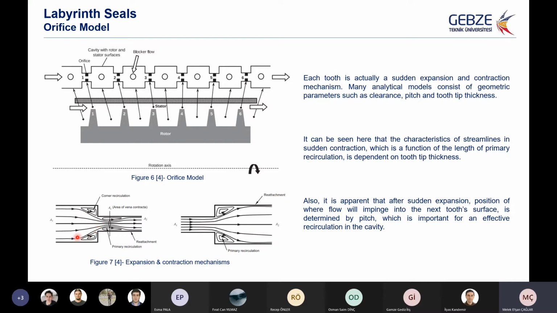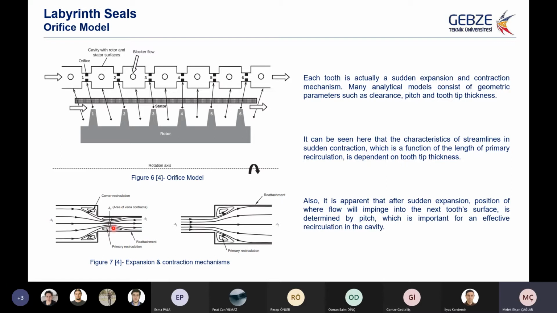When the flow comes here and goes under a sudden contraction, if we think of this as the tooth-tip thickness, this length of the tooth-tip thickness will decide the characteristics of this recirculation, which will actually affect the effective area that we can use here, and so affect the seal leakage.